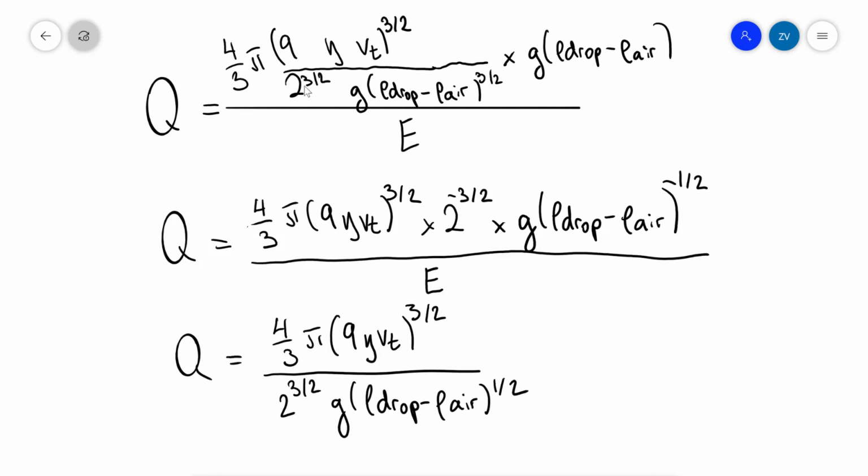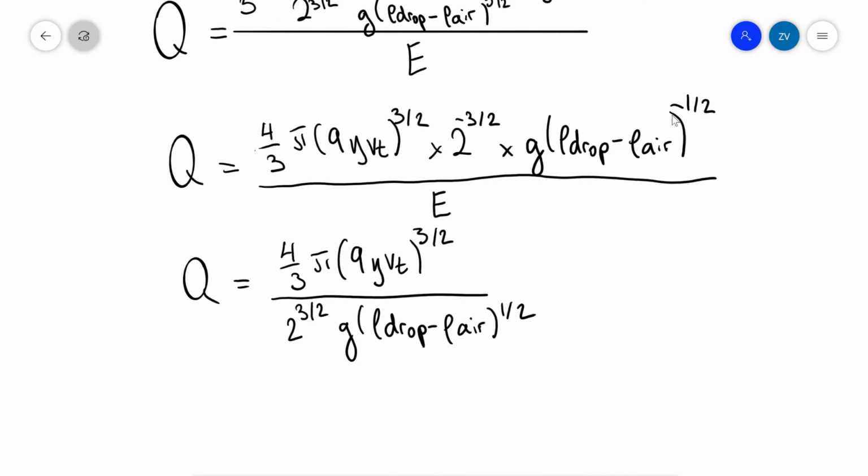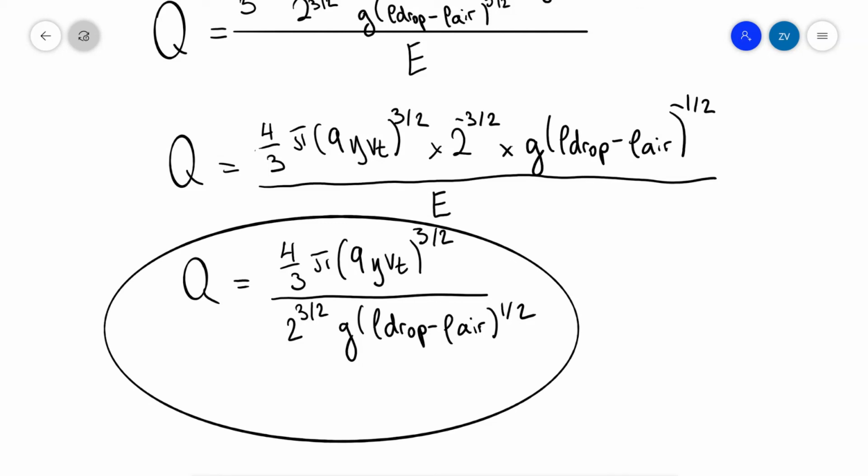I've also put this factor of 2 to the power of 3 over 2 up here, and then finally I've essentially brought this factor, which is raised to a negative power, at the bottom of the fraction together with this factor, leaving me with a final expression for Q, not in terms of the radius, to be 4/3 pi, 9 times the viscosity multiplied by the terminal velocity raised to the power of 3 over 2, divided by 2 raised to the power of 3 over 2 times g times the difference in densities square rooted.